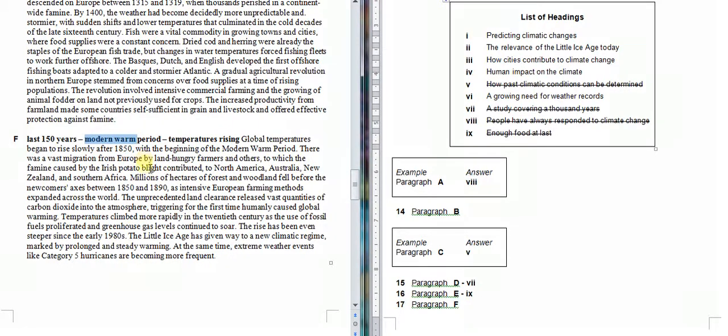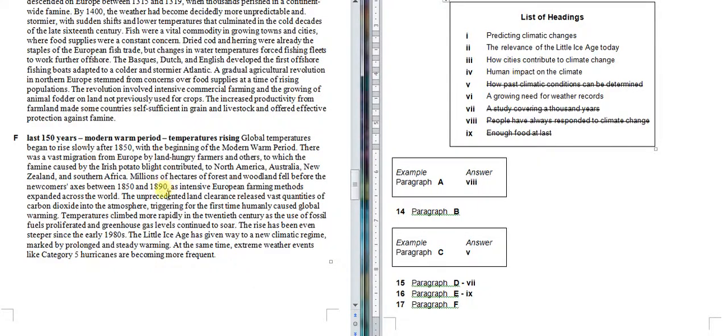Okay, I don't really see much about cities. However, do we have human impact? Land clearance, farming methods, migration from Europe. Yeah, looks like it. Cutting down forest and woodlands, humanly caused global warming, fossil fuels.